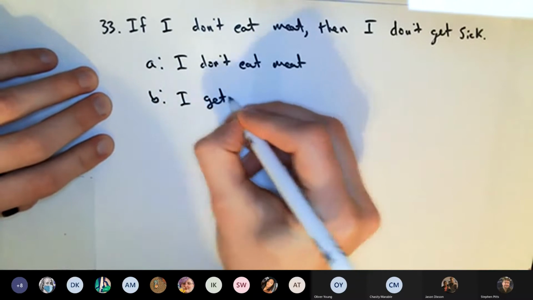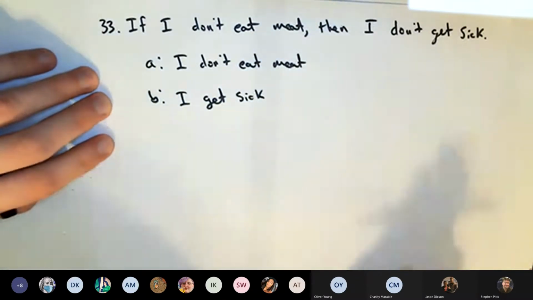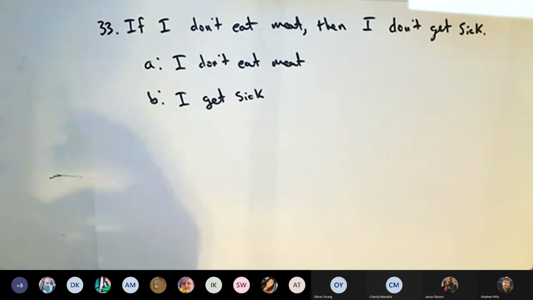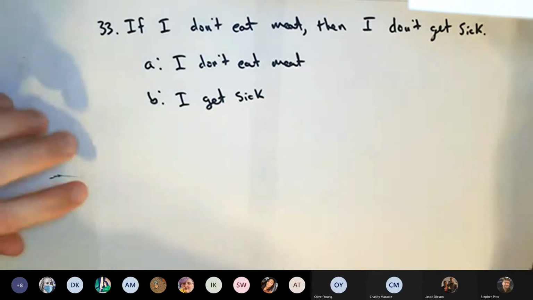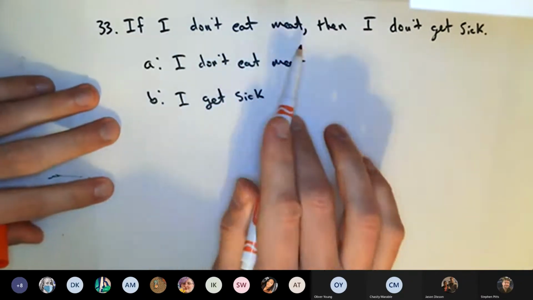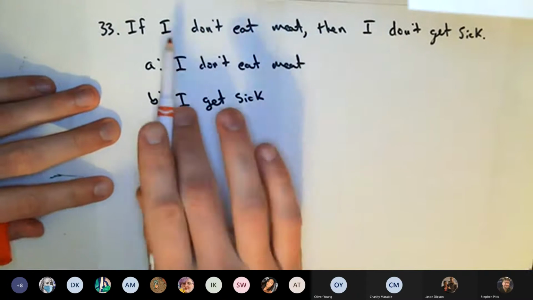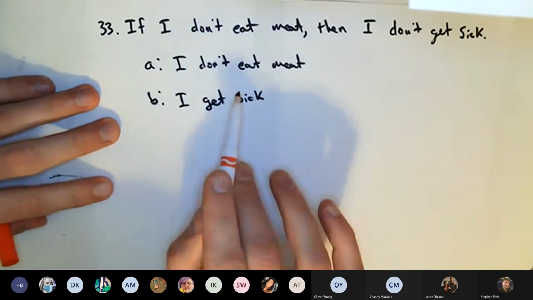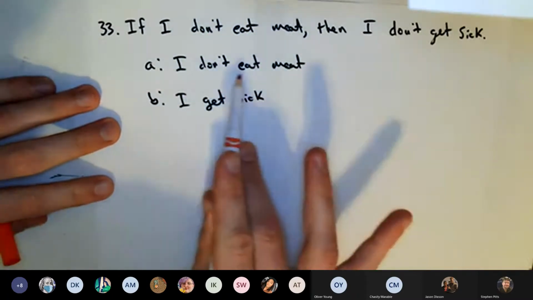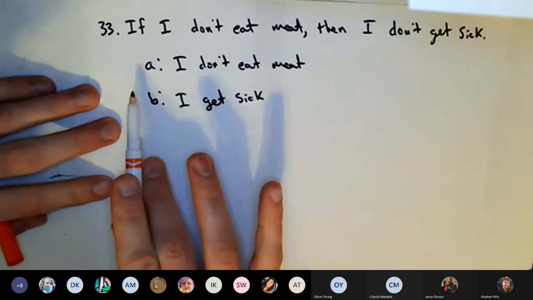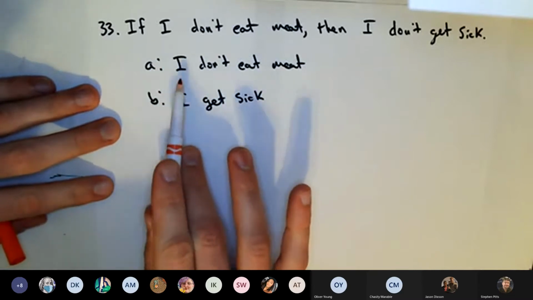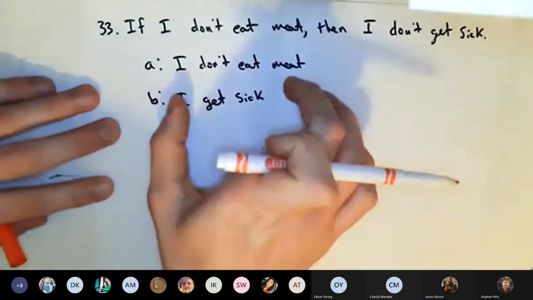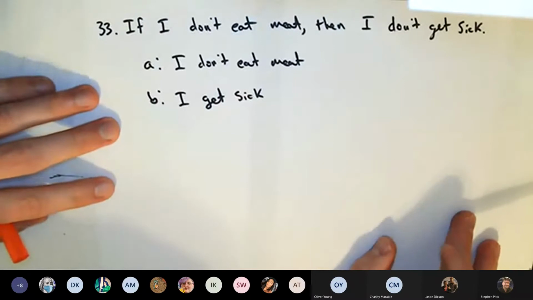All right, so something to note here is that the first part of the statement looks like it's being negated, right? I don't eat meat, but that negation is built into the statement. So we will not negate A here, because A perfectly matches what was in the statement.